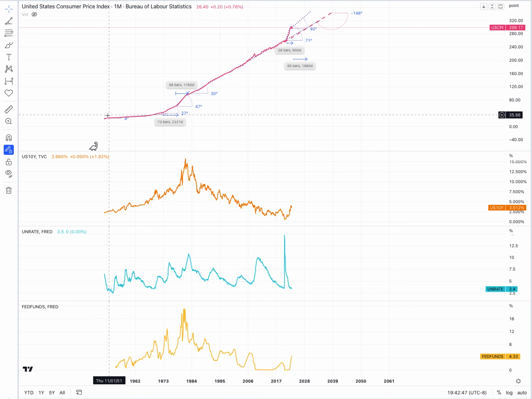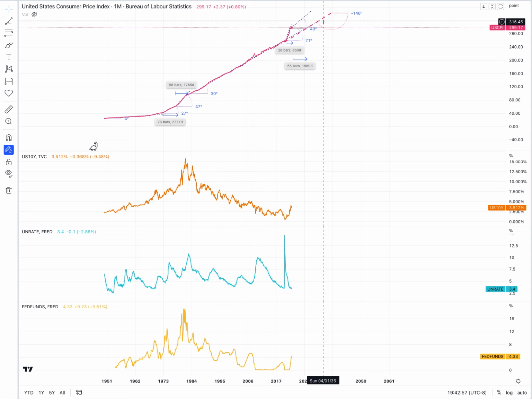Now, the angles on this pink line represent the slope of the inflation. Remember, this inflation is not year over year, but the total cumulative inflation as a function of time. It went from 4 degrees in 1950 when it first started getting recorded.